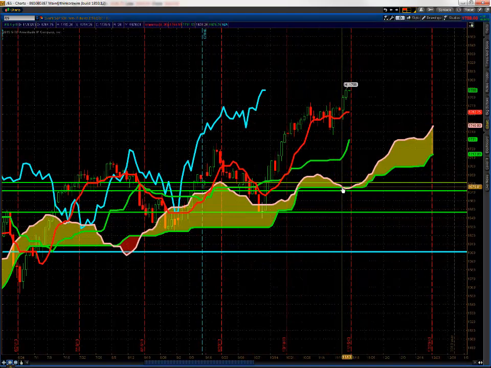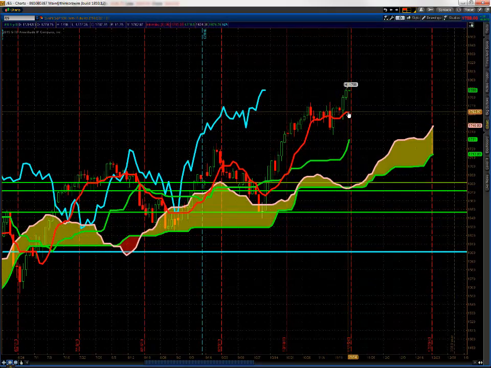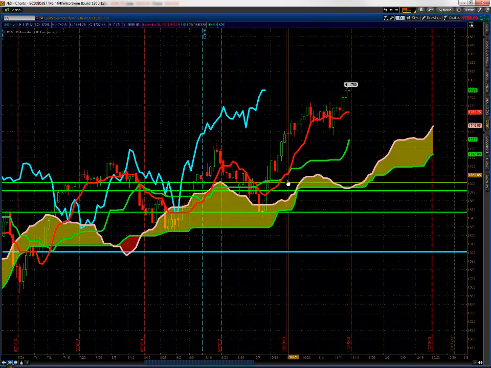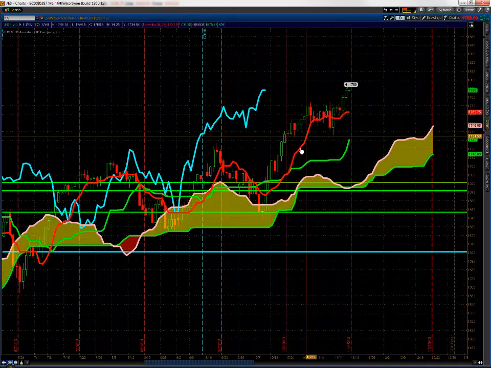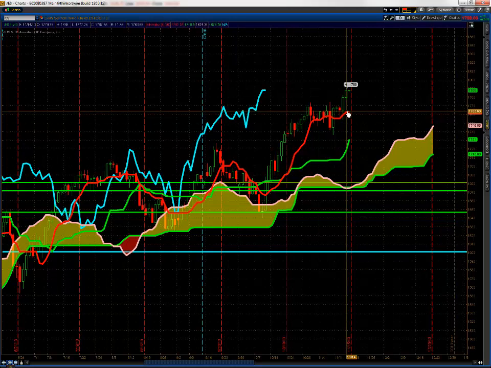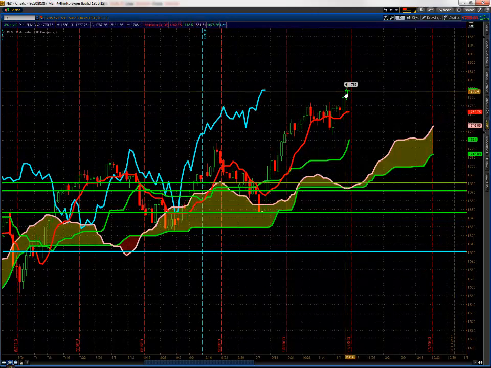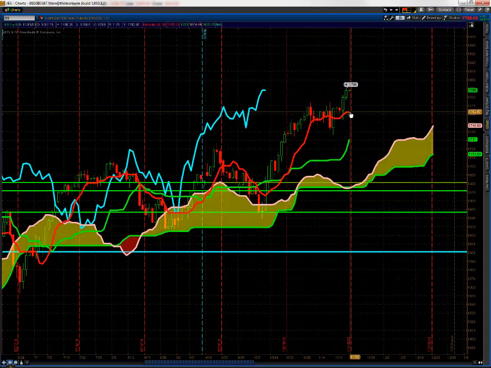As I look at things, number 1, the red line here. This is the short-term moving average. This is the high over the last 9 periods and the low over the last 9 periods divided by 2. It always gives me a Fibonacci retracement to 2.